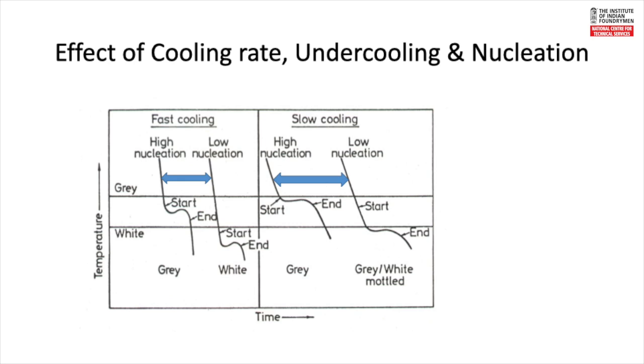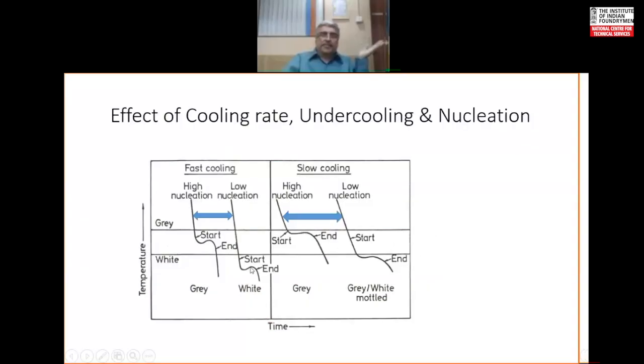And then the metal may cross this carbide eutectic line, the white iron line, and especially if the section thicknesses are small and fast cooling is happening, instead of gray iron you will get white iron. While if it is slow cooling and there is a low level of nucleation, you will end up with a mottled structure.